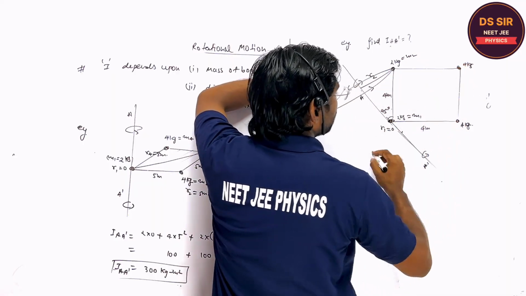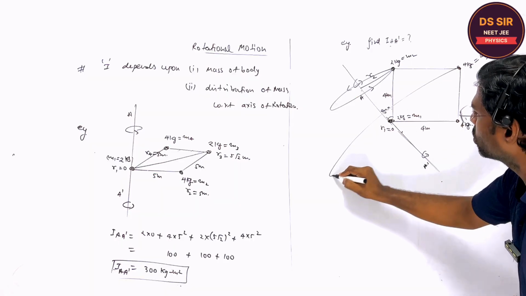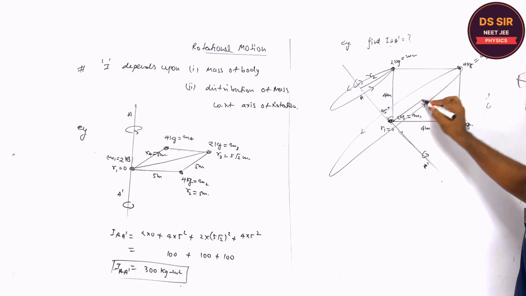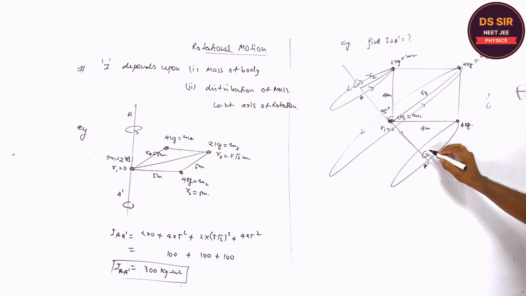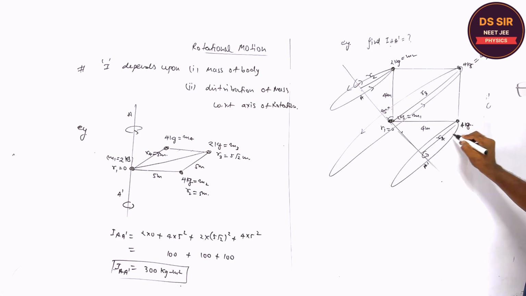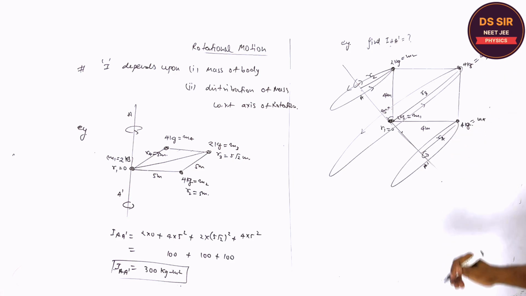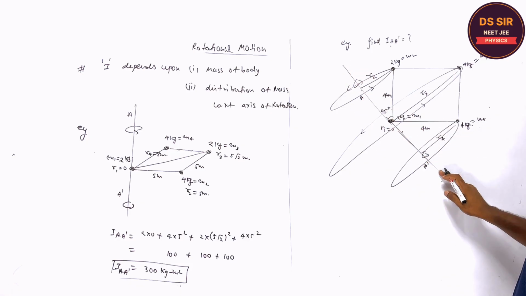In the same way, if this is the point mass, I assume this is the m3. So it is rotating like this in this circular path. So this is what? Say r3. And this is the point mass and this is r4. Are you getting or not? This is the M4, this is the M3. Right. So what is the moment of inertia about this axis?